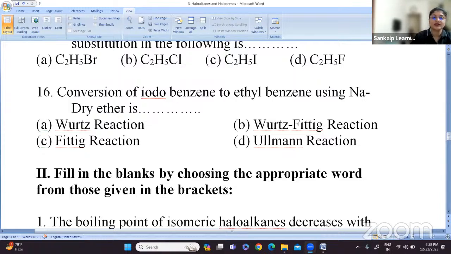Did you understand today's session? Yes. Okay, good. Fine. So these were the things to be covered today. In the next class, we are going to see the fill in the blanks, followed by 2 marks questions and 5 marks questions.